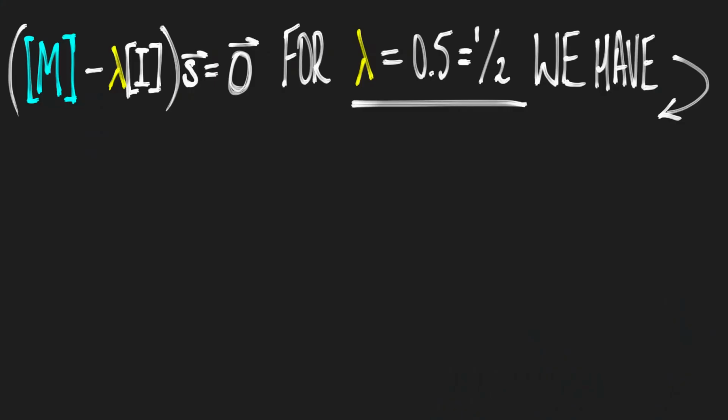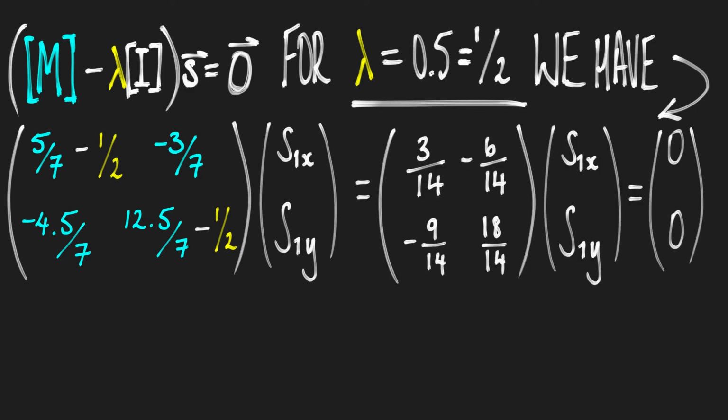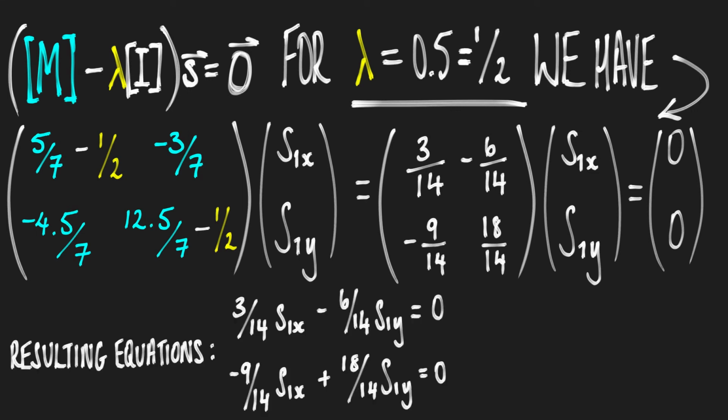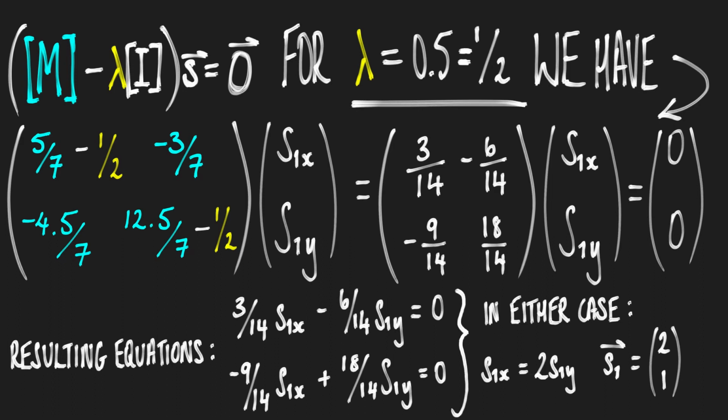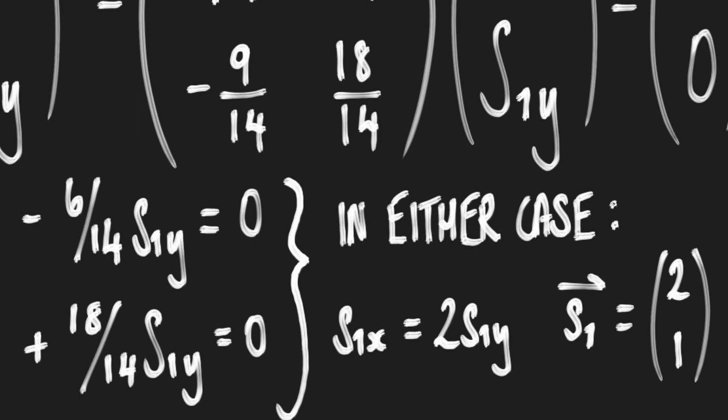Subbing in our first eigenvalue into this equation gives this matrix, which when multiplying our generic eigenvector, which we're looking for, gives the zero vector. And after solving the resulting equations, it reveals that any vector where the x-coordinate is twice the y-coordinate is an eigenvector. And so a simple choice would be the vector 2, 1.